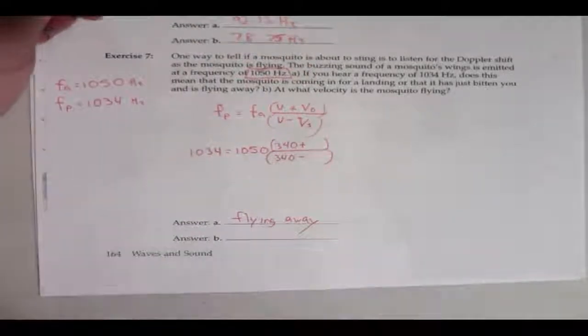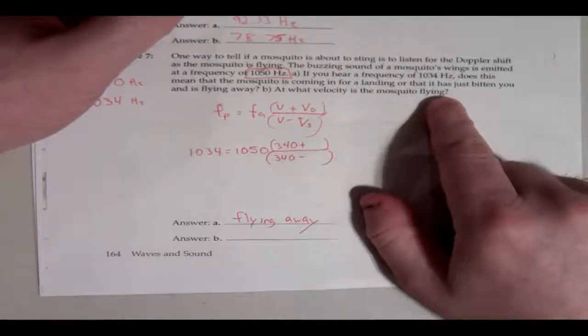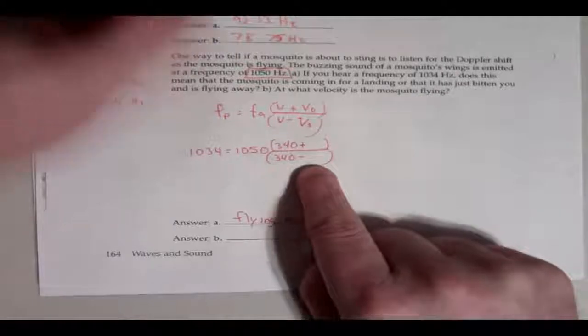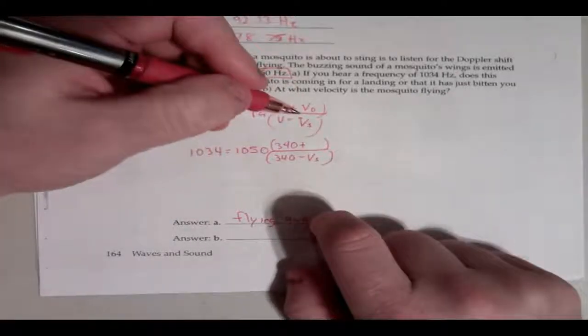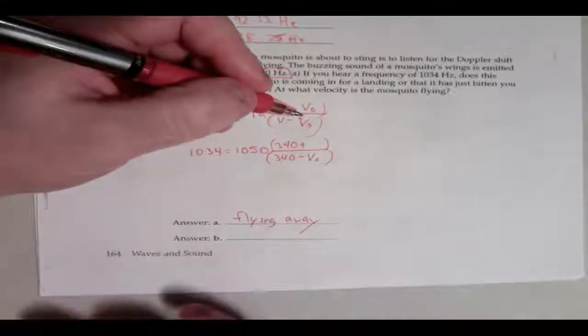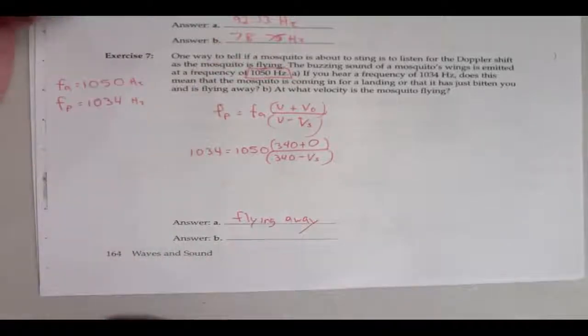Awesome. So we almost got everything we need. What velocity is the mosquito flying? So the source we don't know. And the observer is not moving, right? Because it's just sitting there getting eaten, or getting your blood sucked out. So the observer is 0.